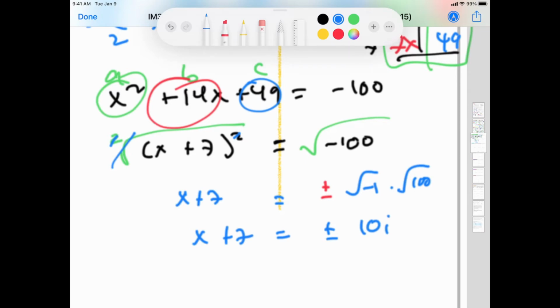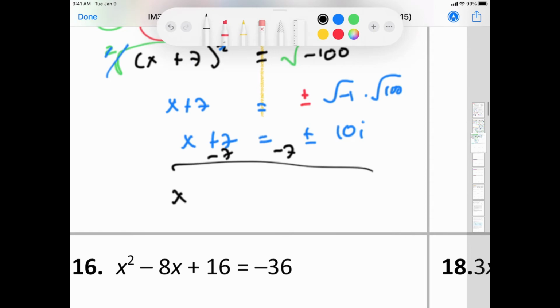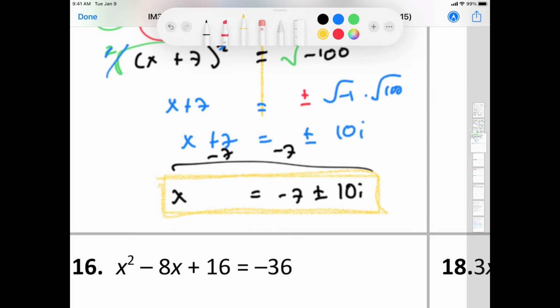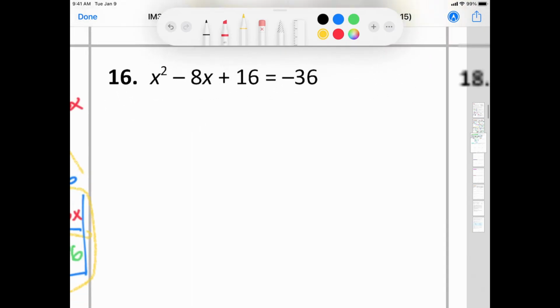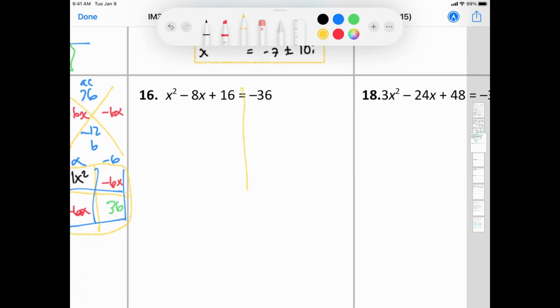Square root of -1 is i, square root of 100 is 10, and just subtract 7. You're going to get x equals -7 plus or minus 10i. And that's our answer.